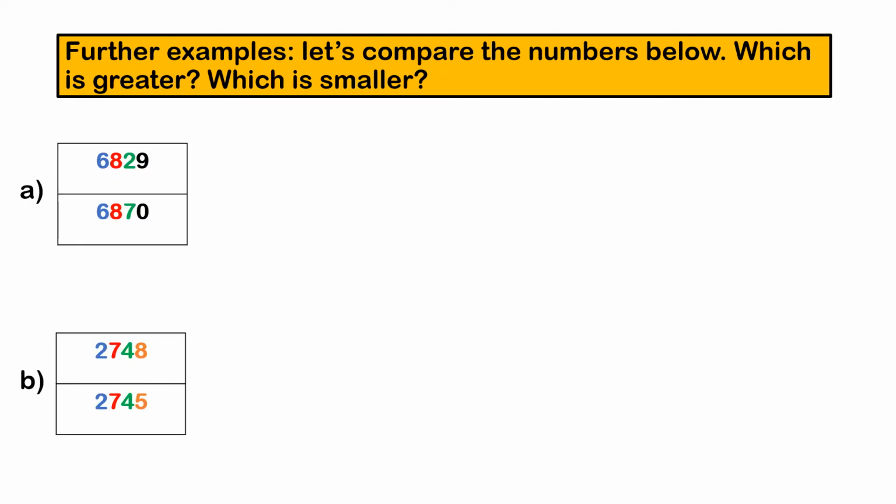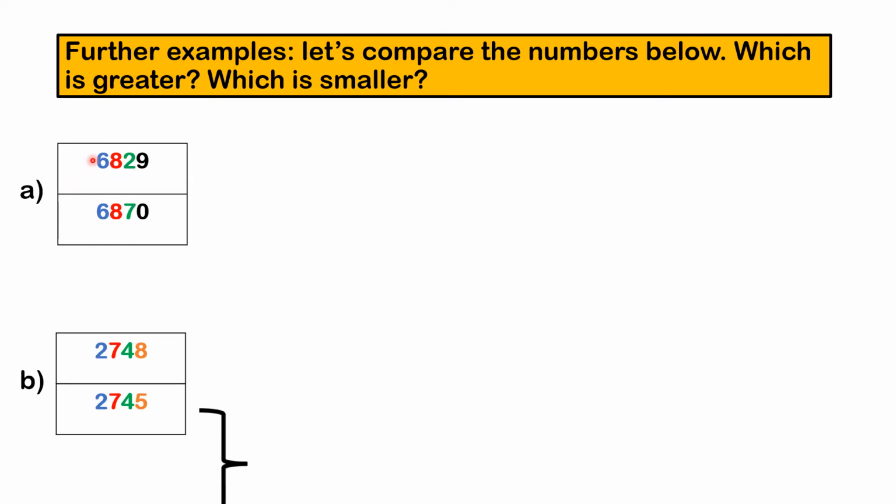So now, let's look at further examples where we want to compare the numbers in A and in B to see which one is greater and which one is smaller. First, in example A, as usual, if we want to compare the numbers, we have to look at the first digits of each number.